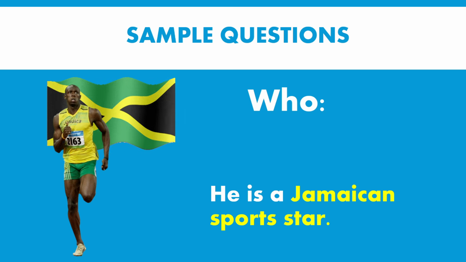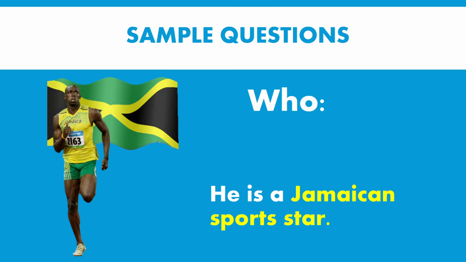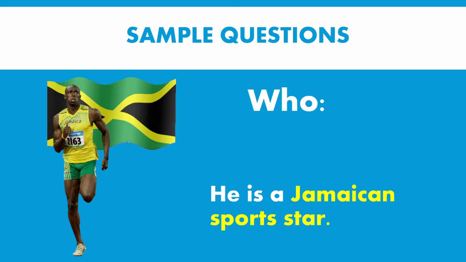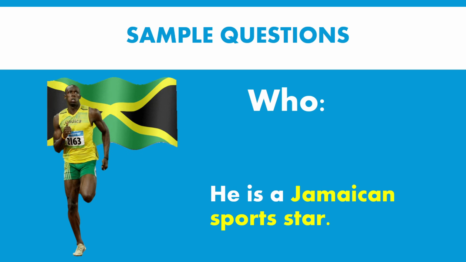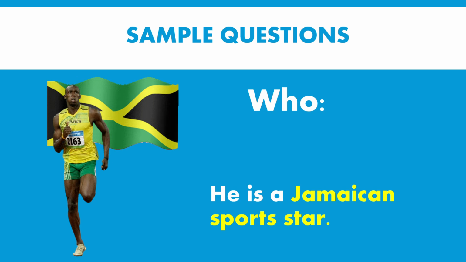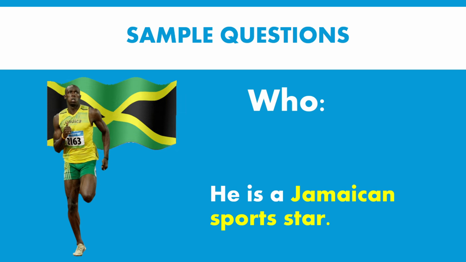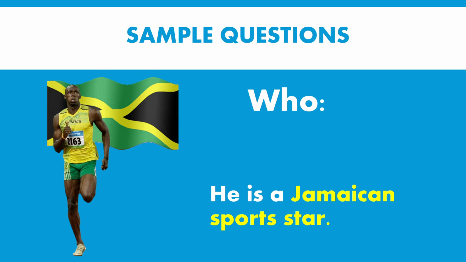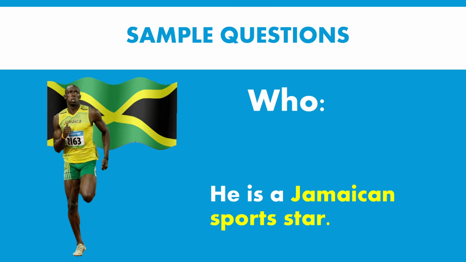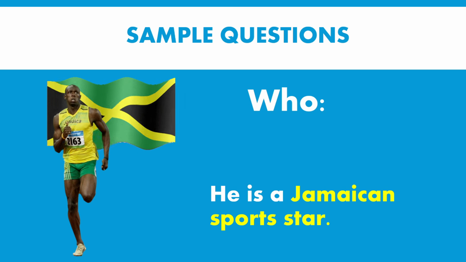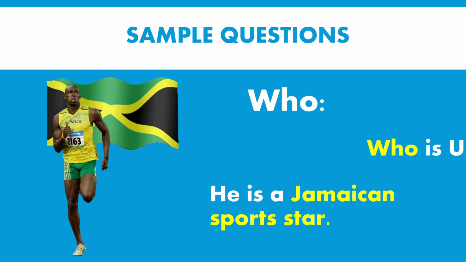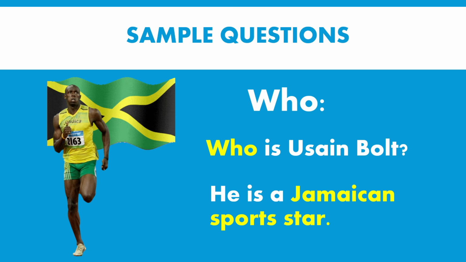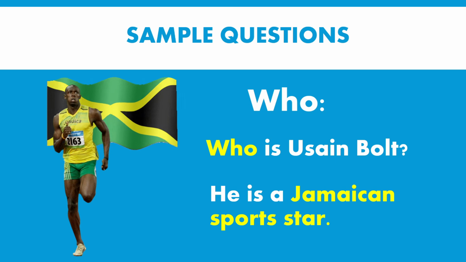The answer here is he is a Jamaican sports star. So Jamaican sports star shouldn't exist in the question because the question is going to answer about who. Obviously, the question here is asking the identity of Usain Bolt. So the question is, who is Usain Bolt? He is a Jamaican sports star.